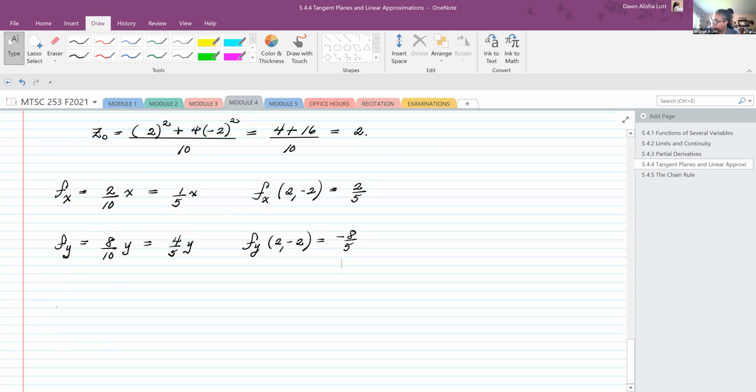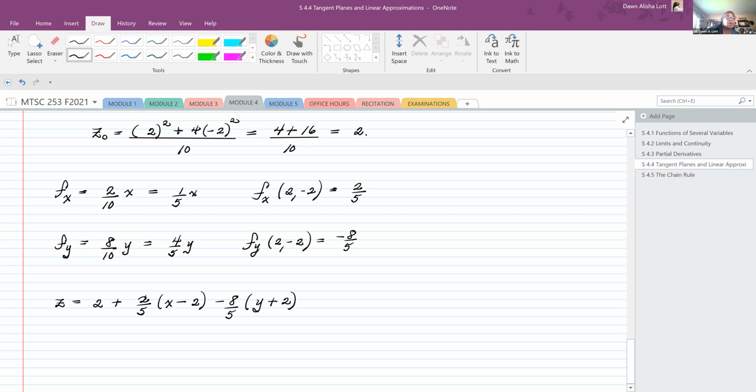So therefore, I get z is equal to z naught, which was 2, plus f sub x, which is 2/5, times x minus x naught, which was 2, plus f sub y, which is -8/5, times y minus negative 2.